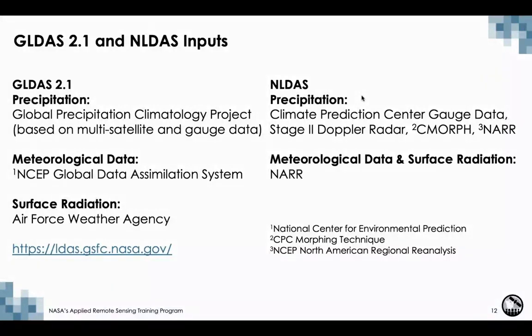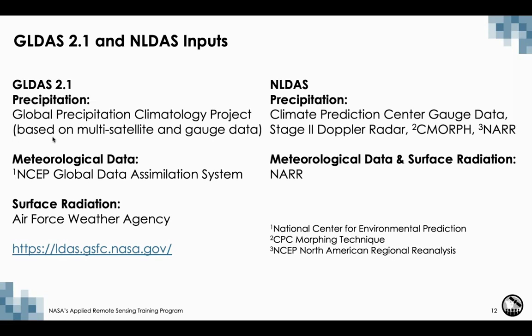So what is the difference between GLDAS 2.1 and NLDAS or GLDAS 2.0 or other versions? It's basically where the inputs are coming from. For GLDAS 2.1, precipitation forcing is provided from Global Precipitation Climatology Project. This is based on multiple satellite and gauge data combined.